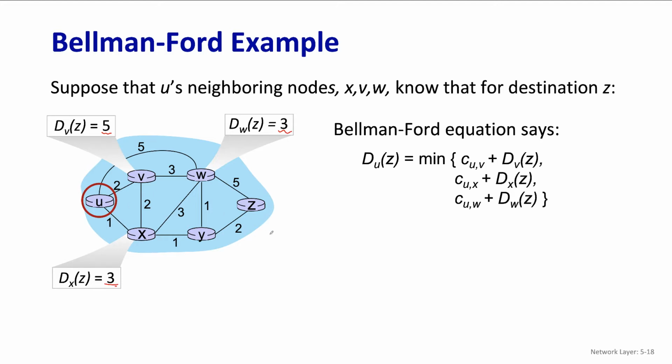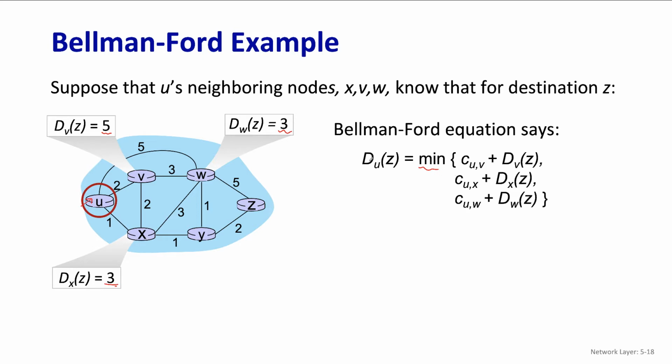So right now at u we have no idea where z is, but since there is some exchange in terms of the values or the distance vector tables, we'll be able to get it. The way it's working here is we're going to take the minimum value.